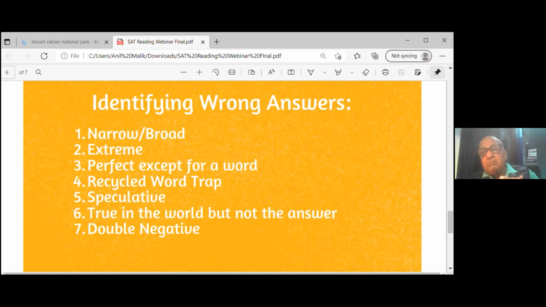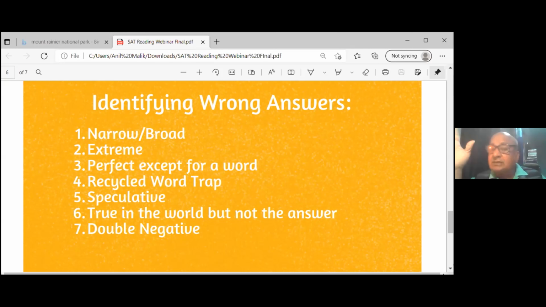Next is an extreme answer choice. How does he make an answer extreme? When he says mitochondria are the most important parts of the cell, right? Now, what happened to the nucleus? What happened to the cytoplasm? So this becomes extreme. Or he says that you will never be able to get a 400 in the SAT. Again, it becomes extreme.